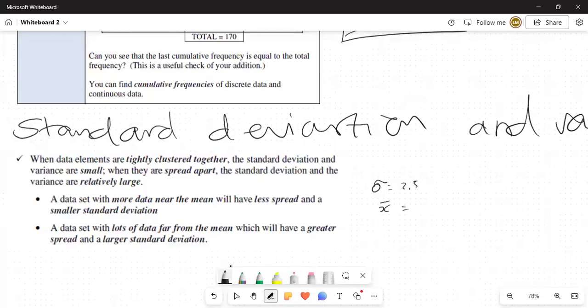And then they will ask you, for example, which data fall within one standard deviation of the mean. So what you want to do is find the minimum and the maximum: you can say 5 minus 2.5, and then 5 plus 2.5.